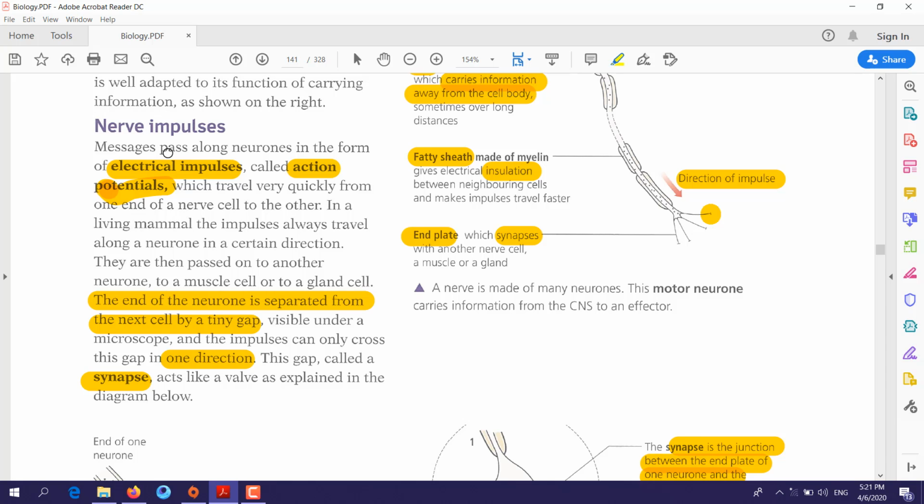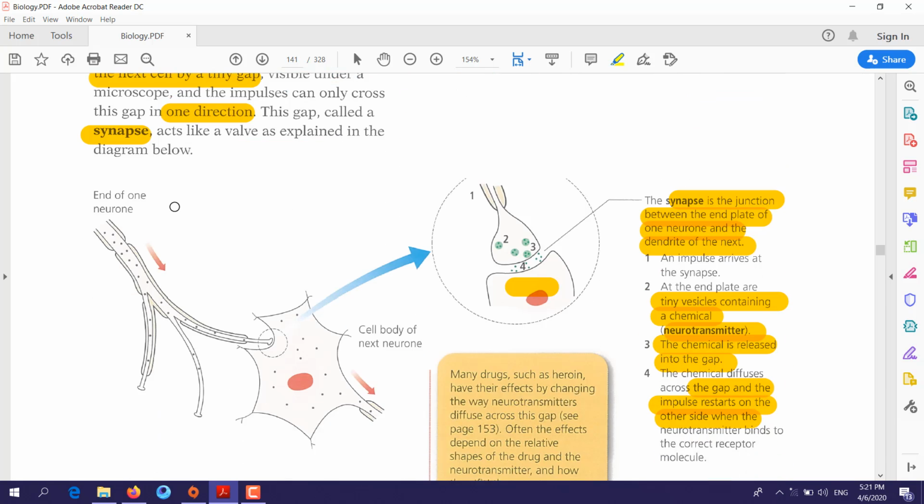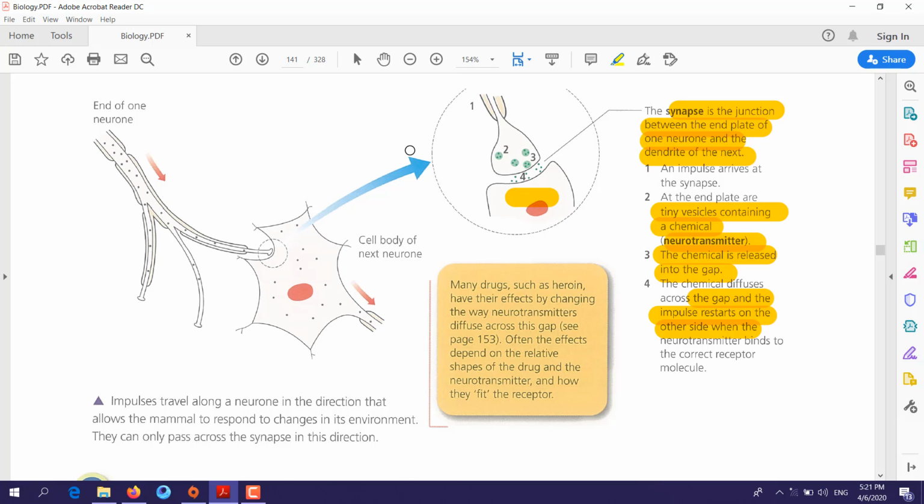The nerve impulse, how it happened, this mechanism. Firstly, the synapse. The impulse will be sent through the end plate. Then at the end of the end plate, we have vessels, this green one. These vessels contain chemicals.